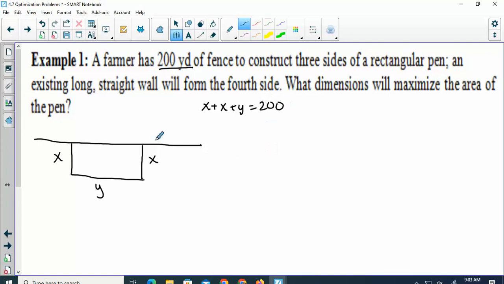If I were putting it on all 4 sides, I would have 2x plus 2y equals 200. If I were putting a fence down the middle, it would be 3x plus y equals 200. So that's the amount of fence that we had to use. All right, so if I solve this for y, that tells me my y is 200 minus 2x.